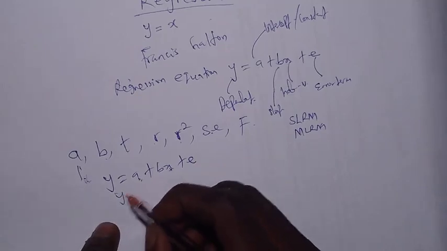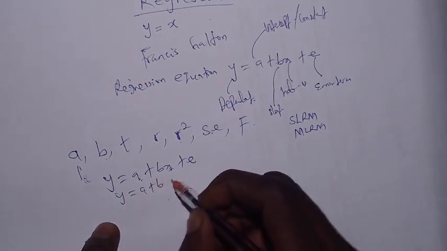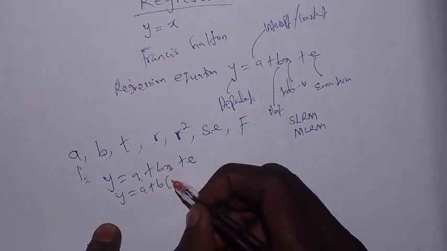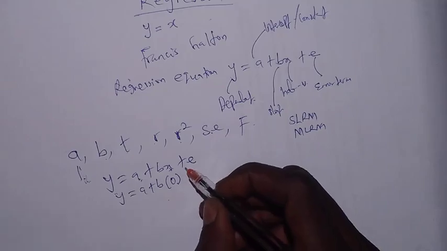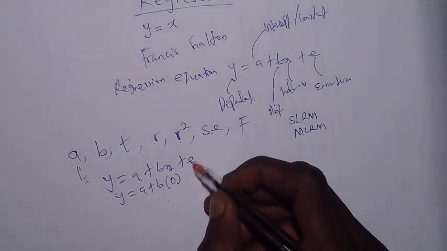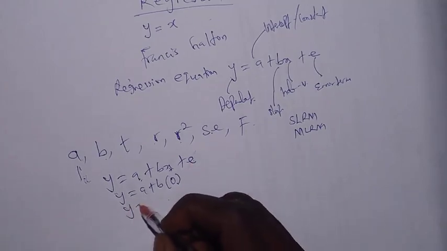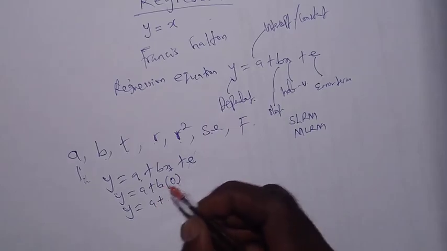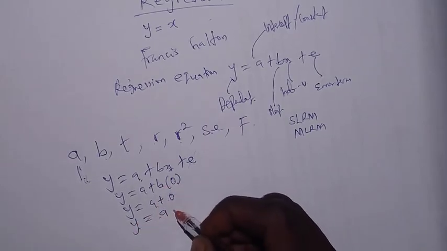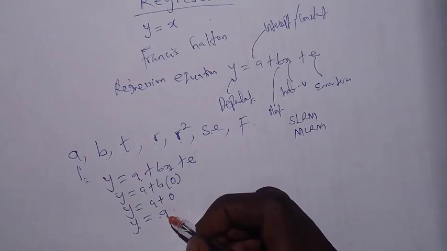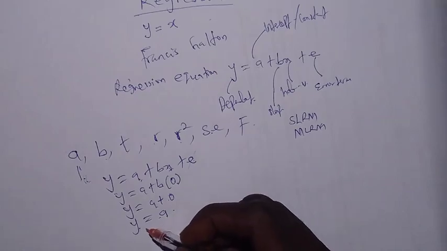For instance, y is equal to a plus b times fertilizer, but fertilizer is 0. Then substitute it with 0, and then ignoring the unexplained error term, y is equal to a plus b times 0 is 0, and a plus 0 is a. So y is equal to a. So a, intercept or constant, is the predicted value of y when the value of x is 0.